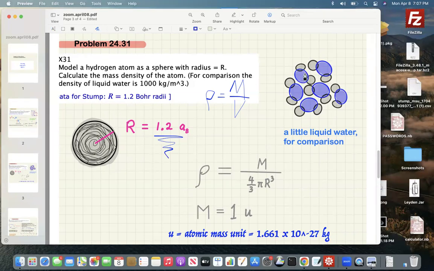Well, everybody knows the density of liquid water. It's 1,000 kilograms per cubic meter. So the answer that you get should be something not too far away from 1,000 kilograms per cubic meter. Wait and see what you get.